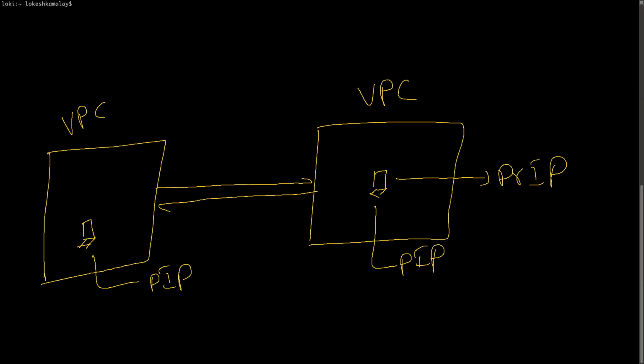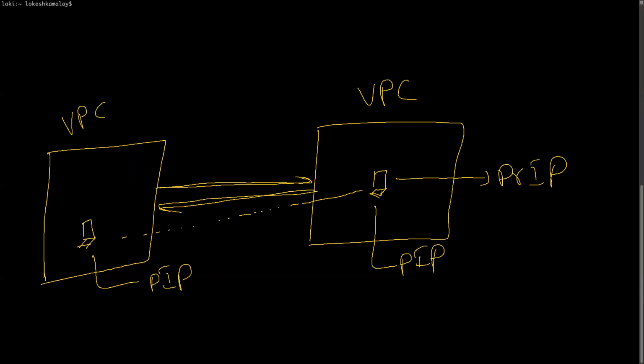I mean, this is a private subnet machine. A private subnet machine cannot allow incoming internet access, right? So this machine cannot talk using a public IP. So to do that, we do the pairing. This will allow communication between these two machines using private IP.